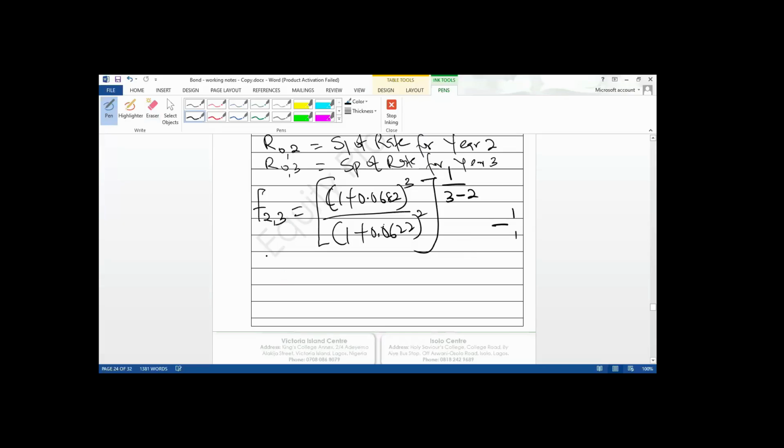Work this out. F23 is equal to 1 plus 0.0682 raised to power 3 divided by 1 plus 0.0622 raised to power 2.